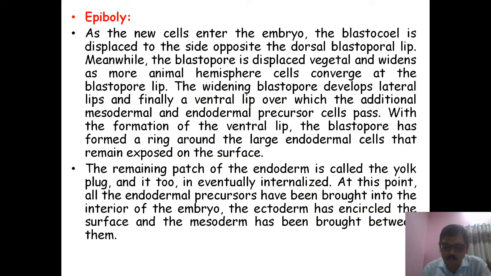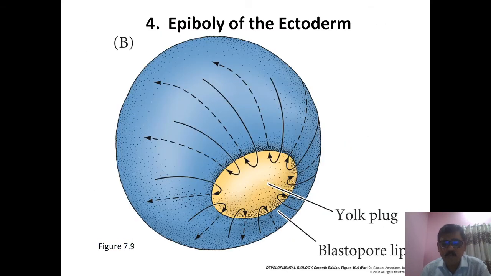The next after convergent extension is epiboly. As new cells enter the embryo, the blastocoel is displaced to the side opposite the blastopore lip. During epiboly, we have already discussed this diagram, the yolk plug is formed.